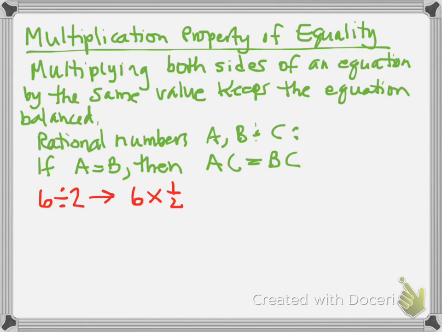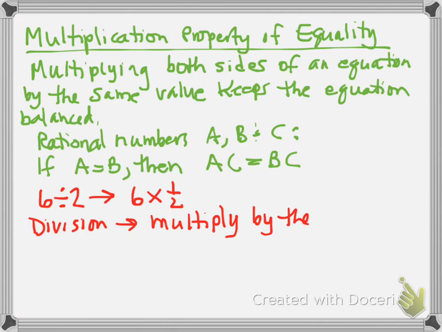So that's why they can just say multiplication and division fall under the multiplication property of equality, because I can rewrite any division as multiplying by the reciprocal. Okay, so division, we multiply. So the division becomes multiplication, and we multiply by the reciprocal. And remember, that's just flipping the number.